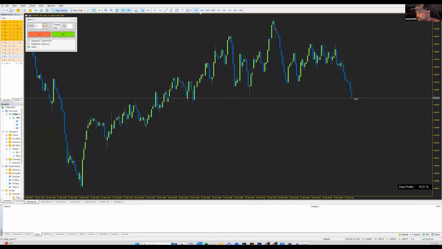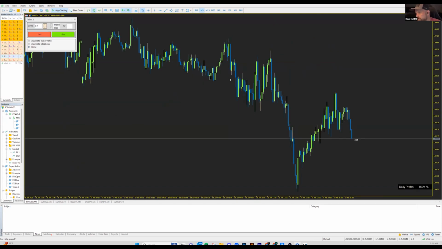Okay, so if we're looking at the one, we're definitely in that kind of a range, right? So here is your range that it's trying to formulate. However, if it does break this, conditions will change, right? So if it breaks out of this box right here, conditions will change.